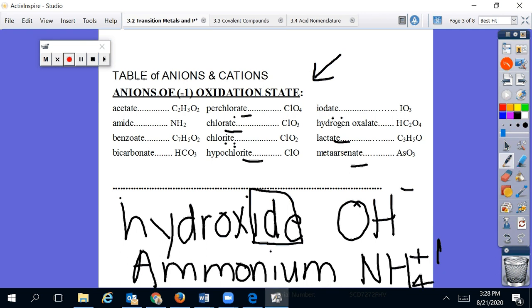Make sure you highlight that. These two are the most common and most widely used polyatomics that don't follow the typical pattern. Just to repeat, hydroxide is a very important polyatomic that you must recognize. It's got a -1 oxidation number and its formula is OH. And ammonium, NH4 plus 1, is the only positive polyatomic that you will probably use in chemistry.